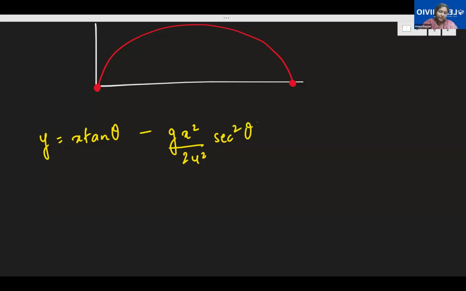Sec value usually we do not remember. We try to write it in the reciprocal form, 1 by cos and all. But for a few values, you should remember it. At least the trigonometric table for 0 degree, 30 degree, 45 degree, 90 degree, and all.